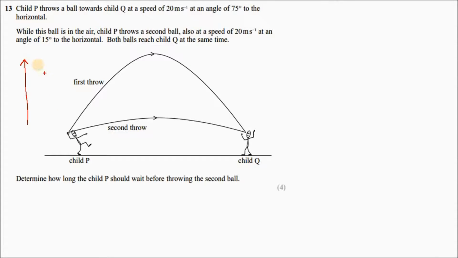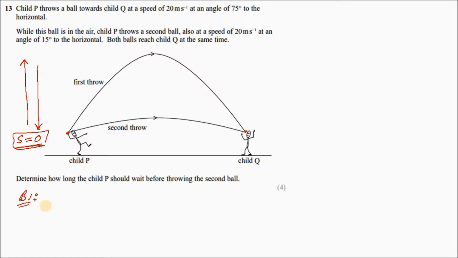The vertical motion for a projectile is accelerated motion, and we will consider the whole motion of the ball from projection till it is caught. So the displacement S between the initial and final position should be taken as 0.